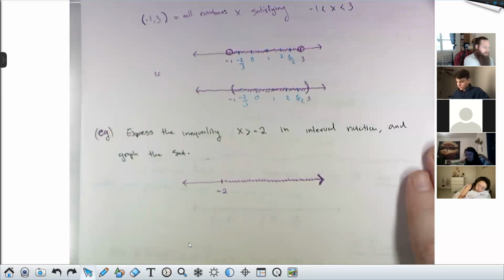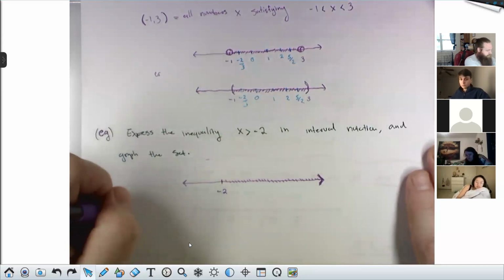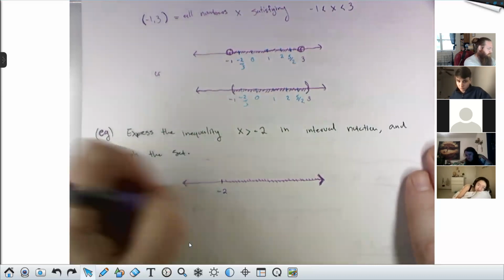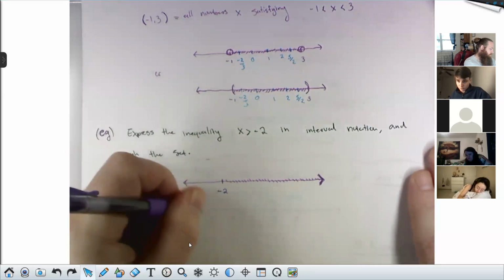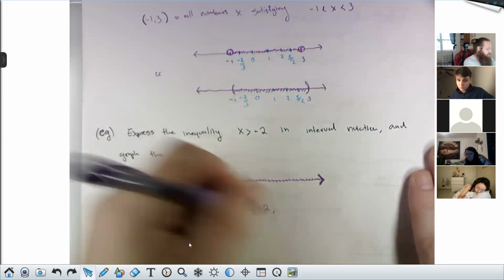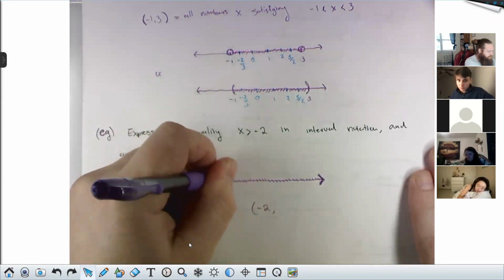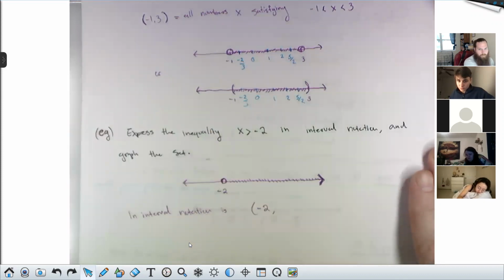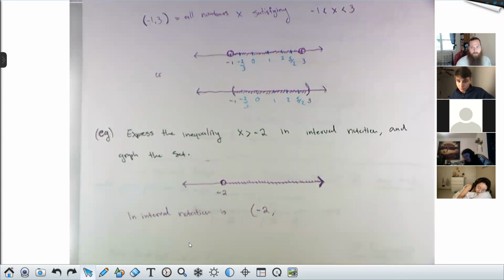And then the way we write this in interval notation, it's from -2 and it's open on this side, right? Open because this is a strict inequality. -2 is not itself bigger than -2 in the same way that I'm not taller than myself. But over here on the right side, there is no upper bound for this set.